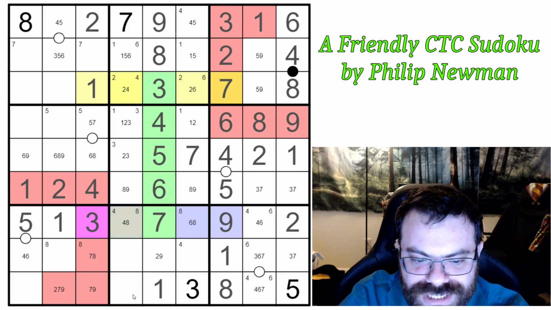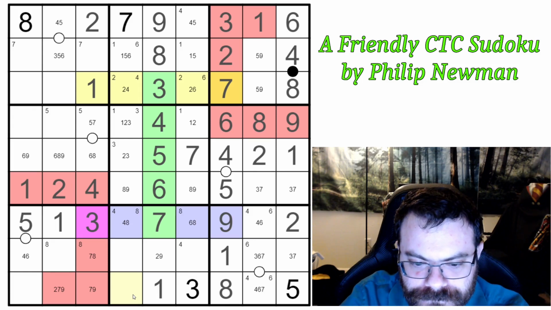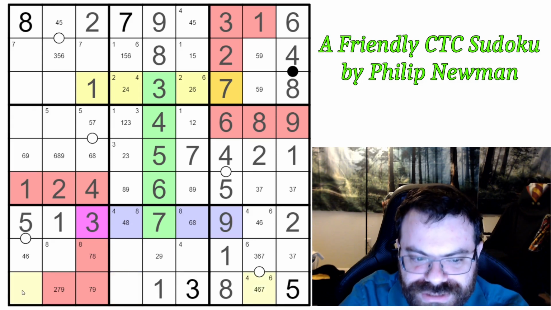So 4s are looking down here. This can't be a 4. So 4 is here or here.